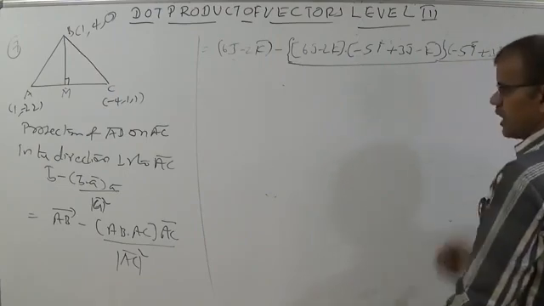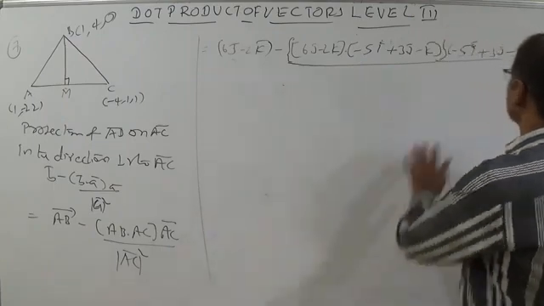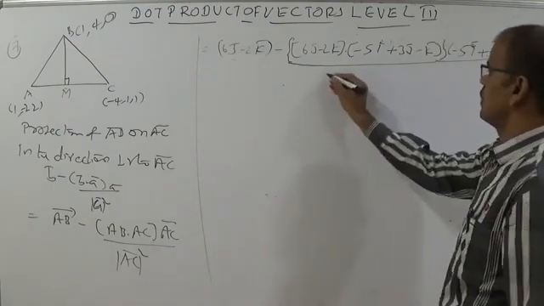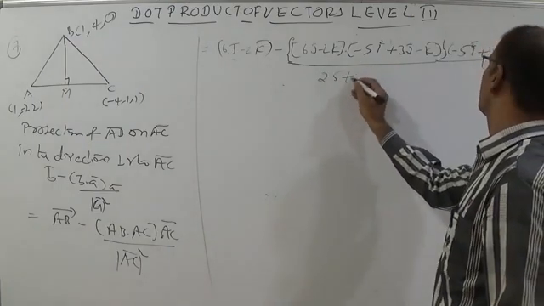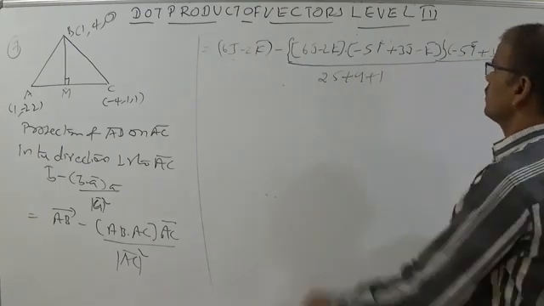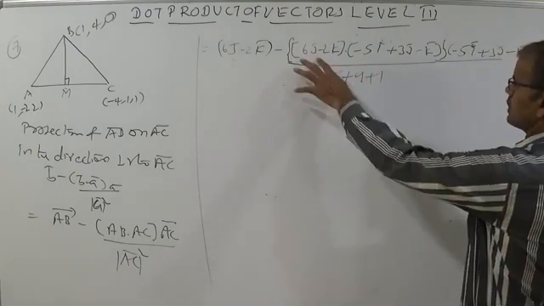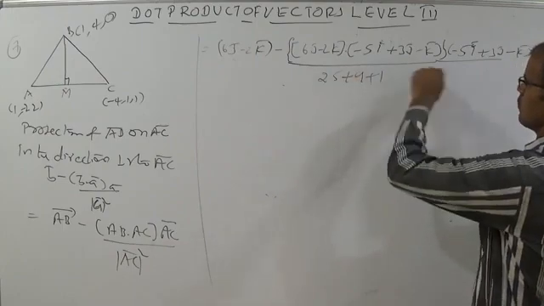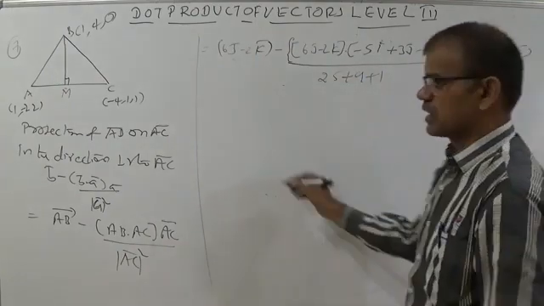Whole squared of AC: 25 plus 9 plus 1. Here j with j, 6 threes are 18, minus of minus 2 is plus 2, so 18 plus 2 becomes 20.